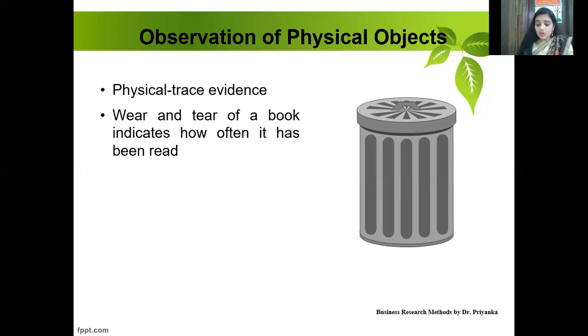It indicates how often it has been read, though it might be wrong, but sometimes it might be the right way to check it. Or you can take one very famous example of the investigation of Arizona household garbage, which revealed many things, though they wanted to check something else, but it revealed many good findings, and they were very interesting.